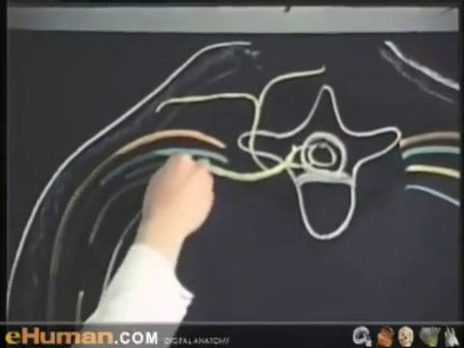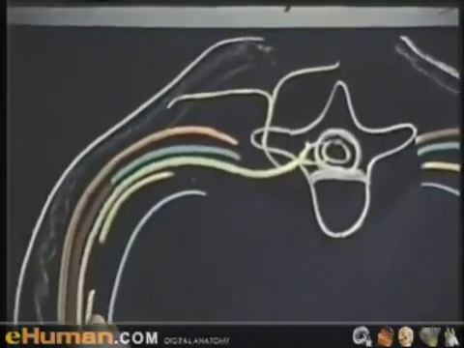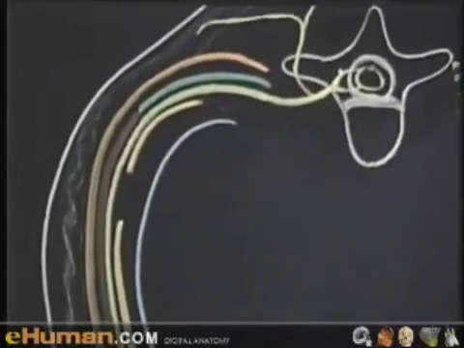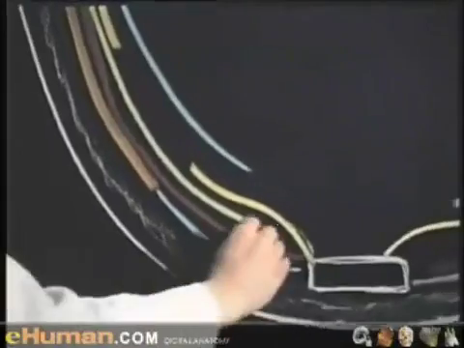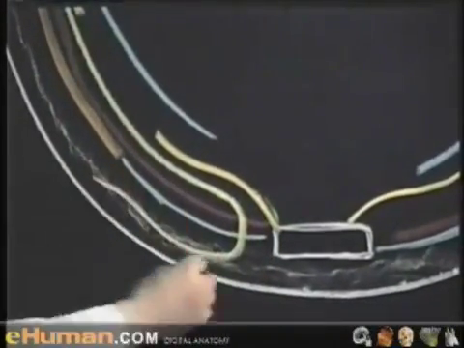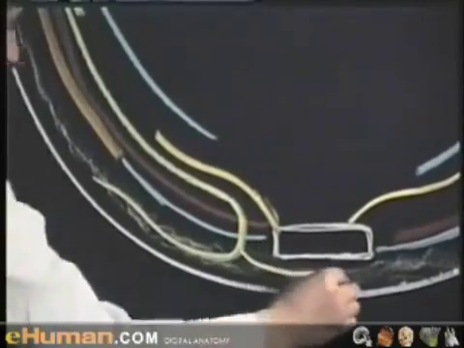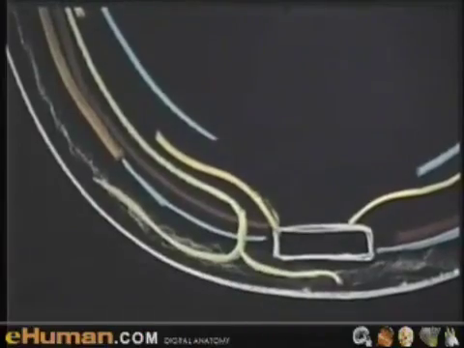And here it courses on round in this interval in this manner until it reaches the region of the side of the sternum. And here it's going to end by perforating through here and dividing into a medial branch and a lateral branch, and this is known as the anterior cutaneous nerve.